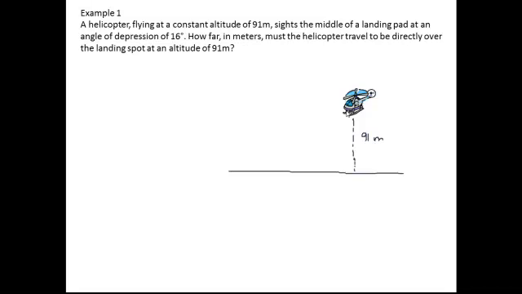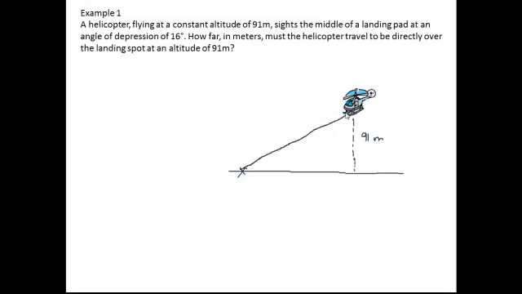So the helicopter, or the pilot in the helicopter, sights a landing pad. So obviously the landing pad is somewhere on the ground, so let's just say it's here. There's our landing pad. He sights it at an angle of depression of 16 degrees. So this angle of depression here is 16 degrees.